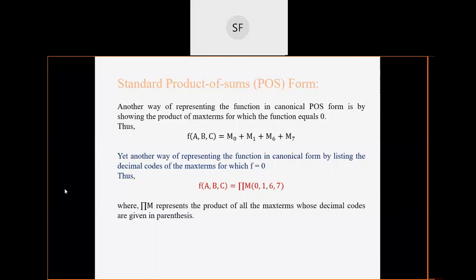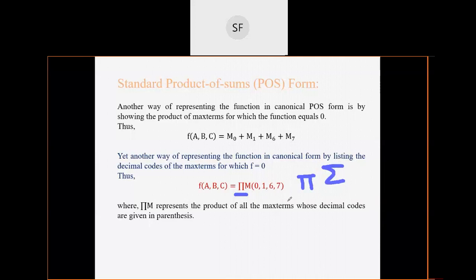And another difference is that here, instead of summation, we have used this pi symbol. This pi is nothing but the product of. How to read that? It is the product of. Earlier it was summation of, because it was sum of product, hence there was summation.